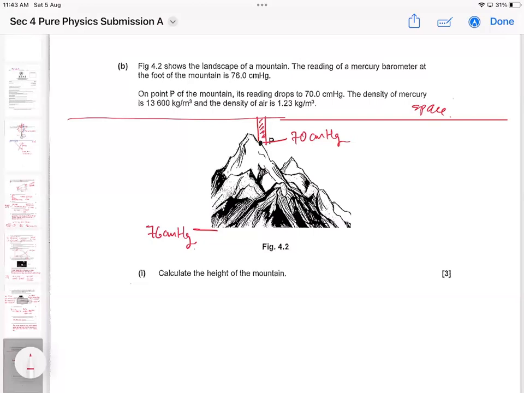So the amount of air particles pressing down on point P is only that much. But if you're at ground level, this is the column of air resting at a particular point. It doesn't look like that in reality, but it's just to visualize the concept of column of air above you. So at the bottom, there's definitely a longer column due to being further away from the boundary.